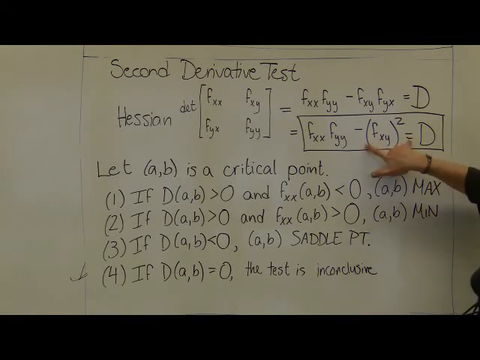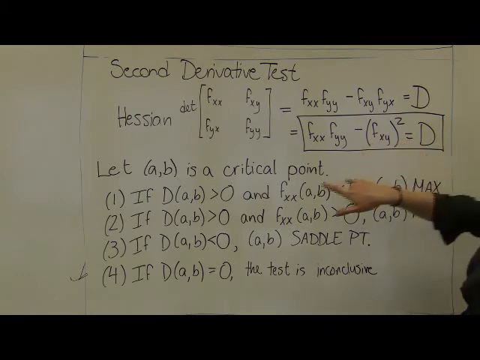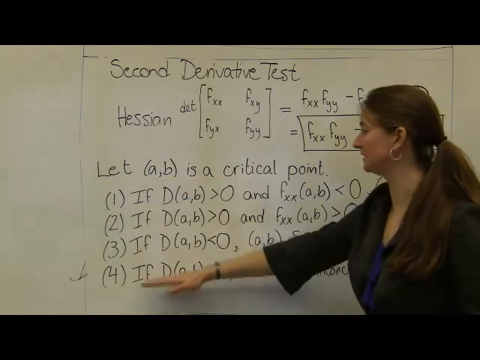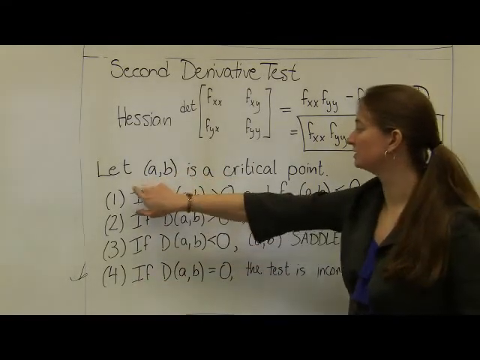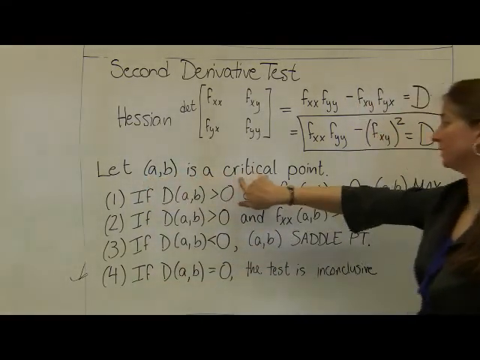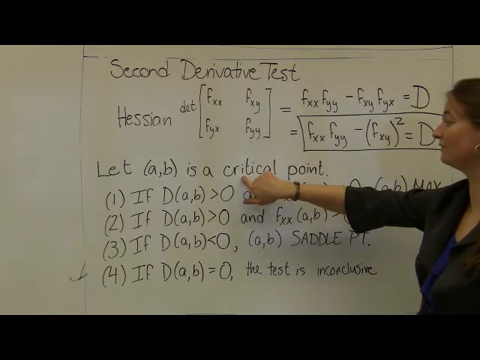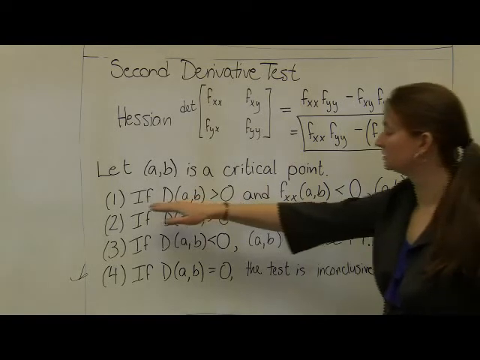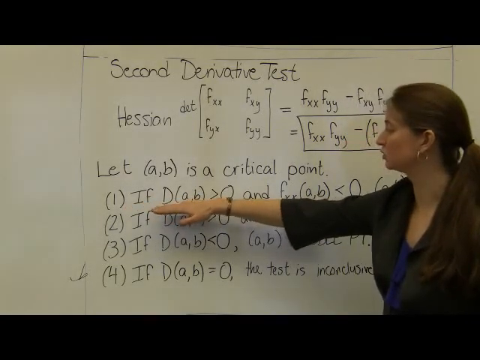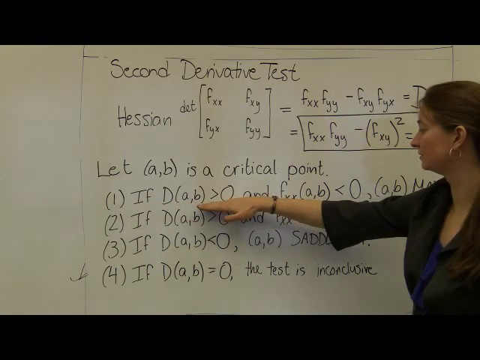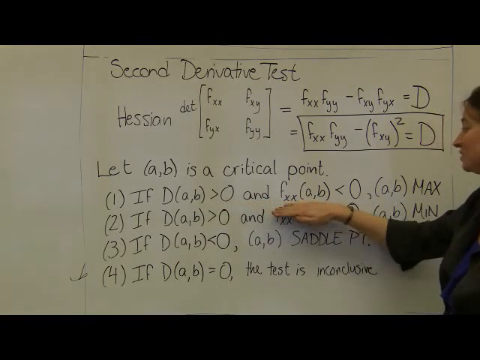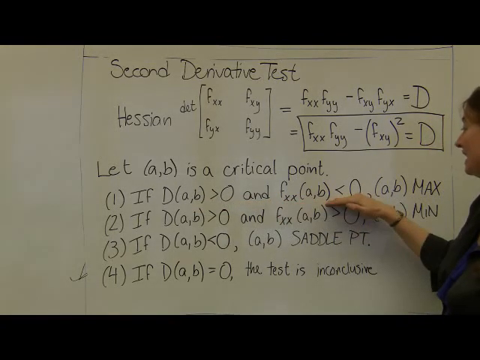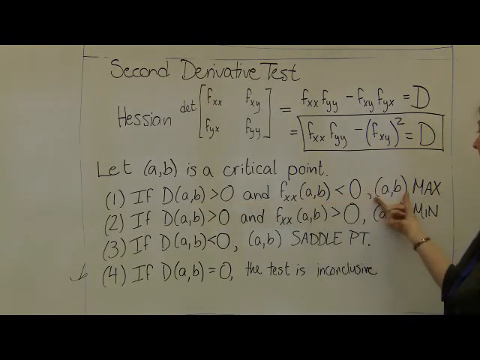Once I've found this discriminant, I can use my test, and there are 4 different cases. Let's say (a, b) is a critical point, because that's what I'm trying to test. I want to know whether it's a max or a min value. If my discriminant is positive and the second derivative with respect to x is negative, then (a, b) is a max.